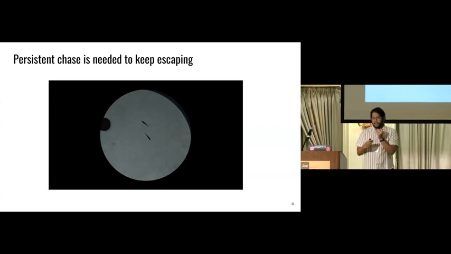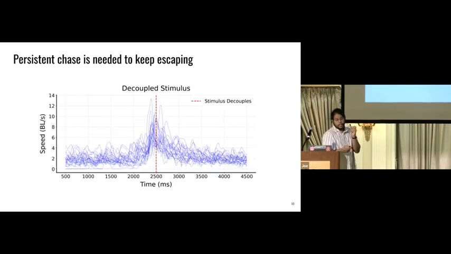That is, after a certain moment in the experiment, the predator moves as if there is no prey at all. If you look at the velocity profiles of this across multiple trials and multiple individuals, you see a velocity profile something like this. This looks very similar to the case where you had the disappearing stimulus. So the fishes are still ramping down the behavior. The virtual predator is still present in the arena with them after the decoupling happens, but the fishes decide to still ramp down the behavior irrespective of this.